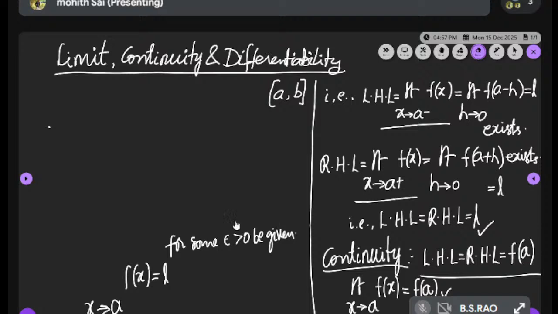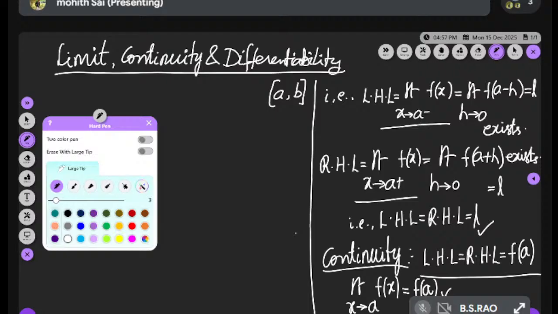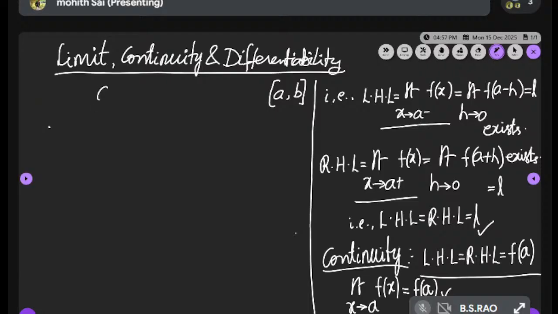Closed AB means what? See, closed interval means it includes both the points A and B. In between A and B, we are having infinite number of points.